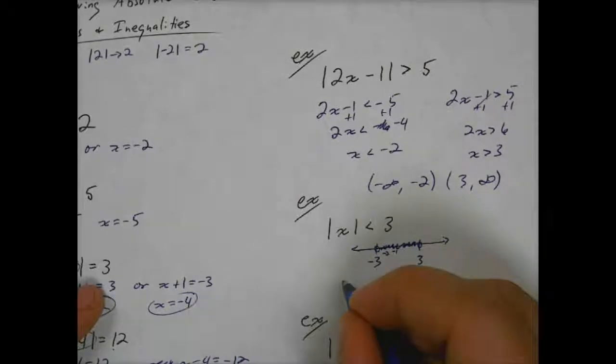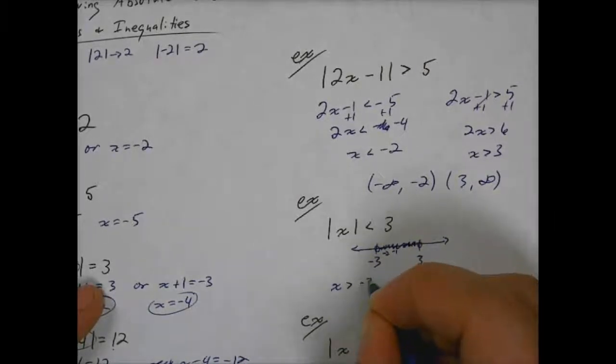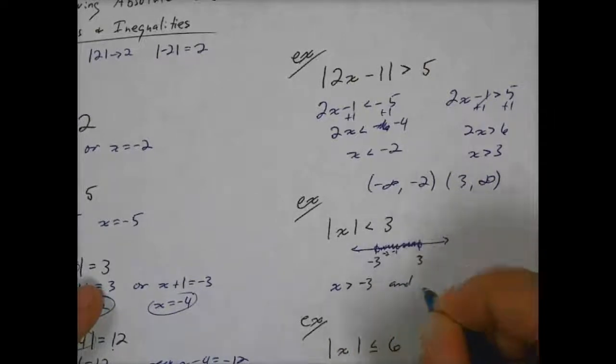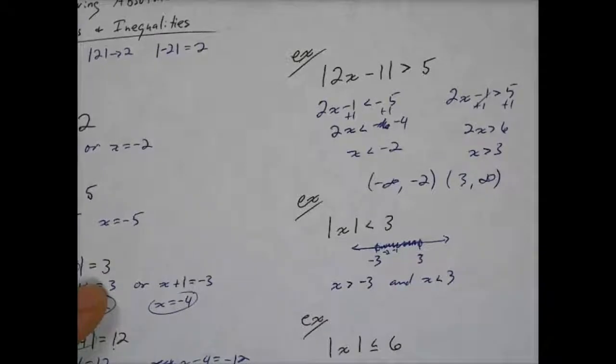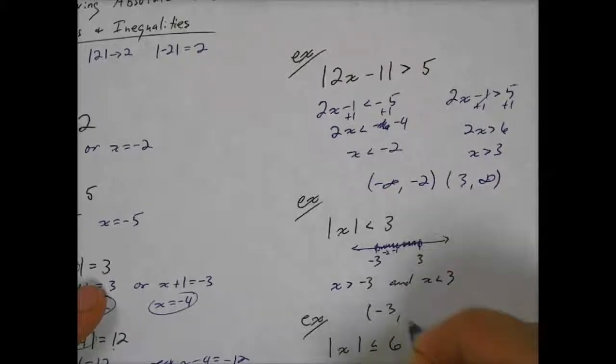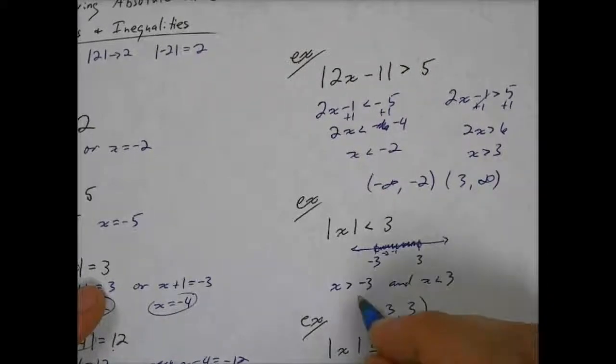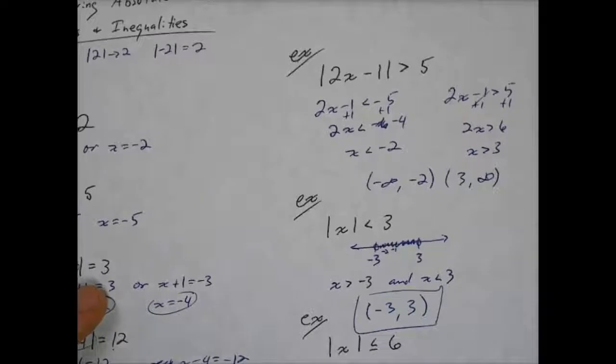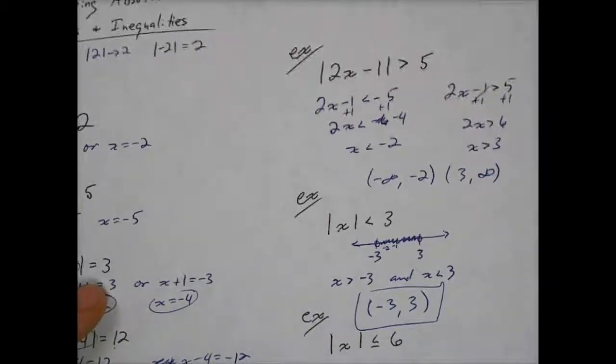So the way we could write that is x has to be greater than negative 3, and x has to be less than 3. So again, notice the sign changed. We made it negative. The number on the other side stayed the same. So now we know we have everything from negative 3 to 3, and they are both in parentheses because they're both not included. It's not or equal to.